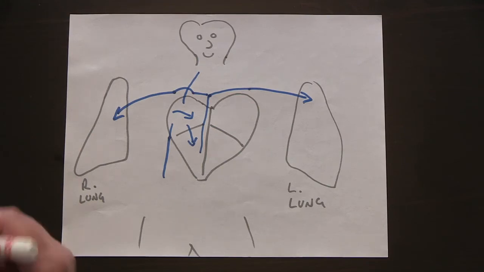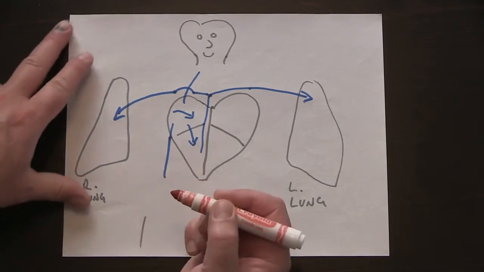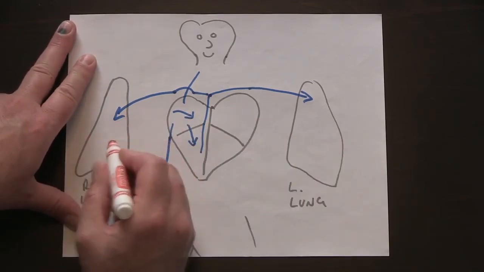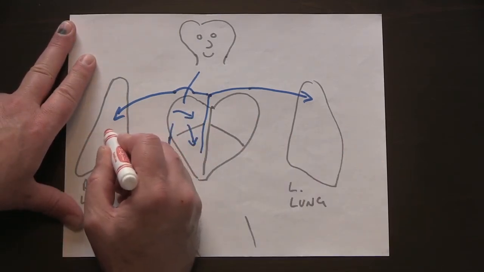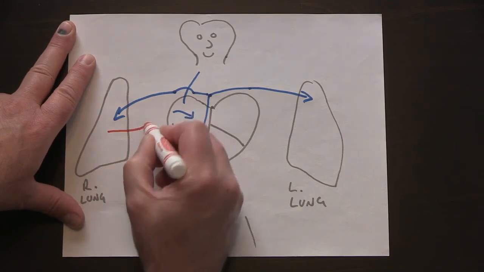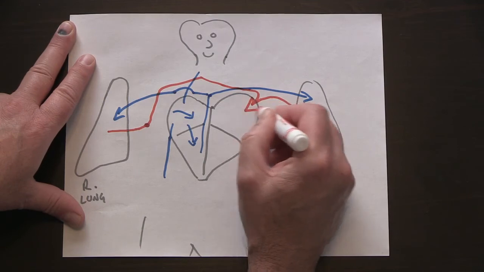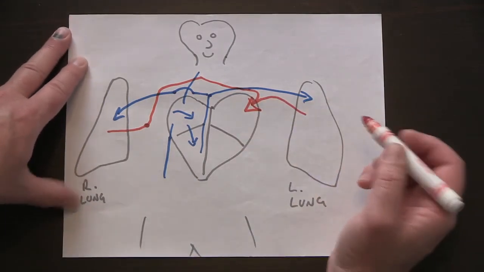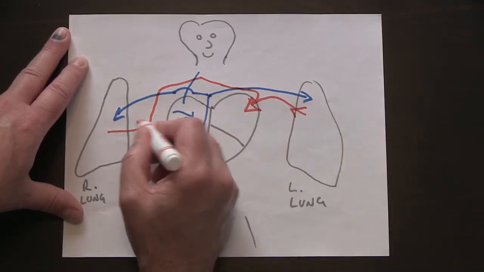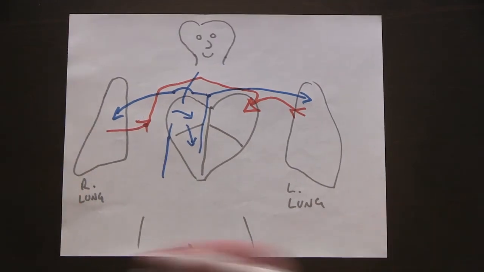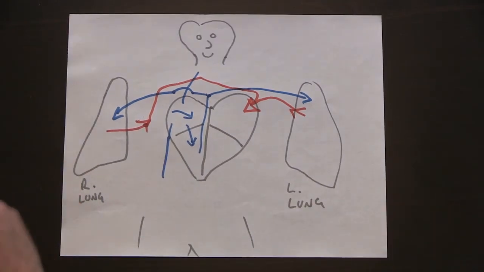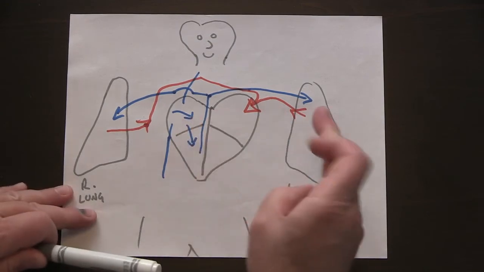There it picks up oxygen. So then when it comes back, it returns back into the left atrium. And let's just stop right there. That circuit from the heart to the lungs and back.